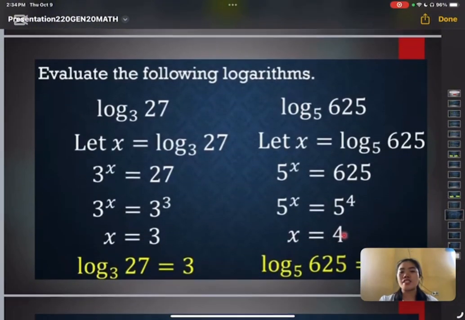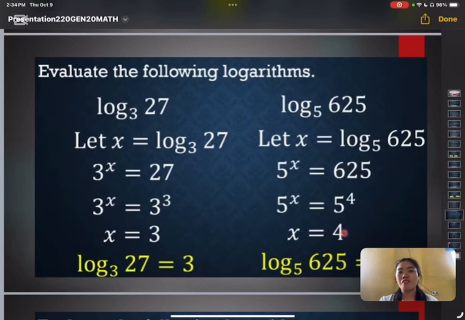Now let us try evaluating the following logarithms. So how we're going to evaluate the logarithms, how we're going to solve it. Now, let's have an example. First example would be log 27 with base 3. Now, to solve this, we will let x is equal to log 27 with base 3. Now, you have to express that in exponential equation.